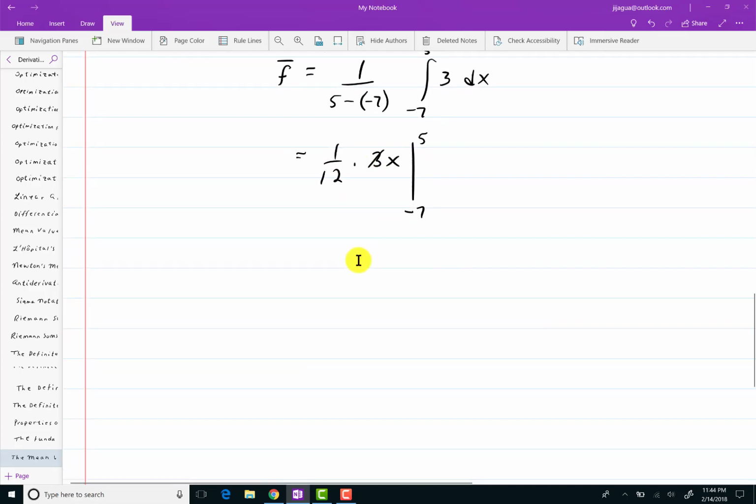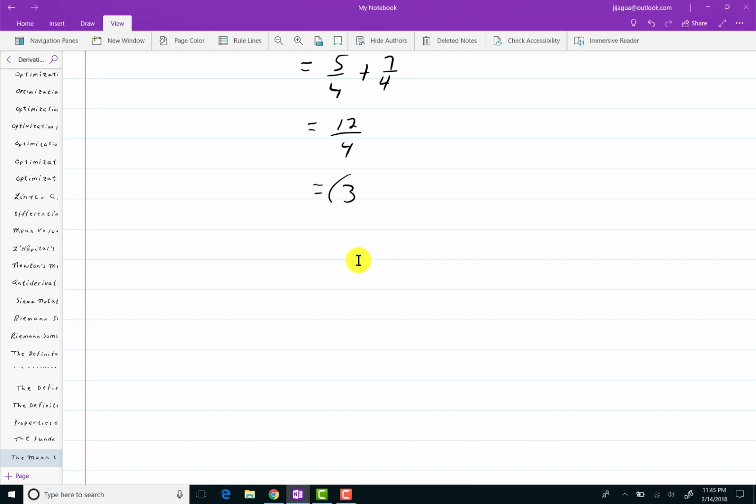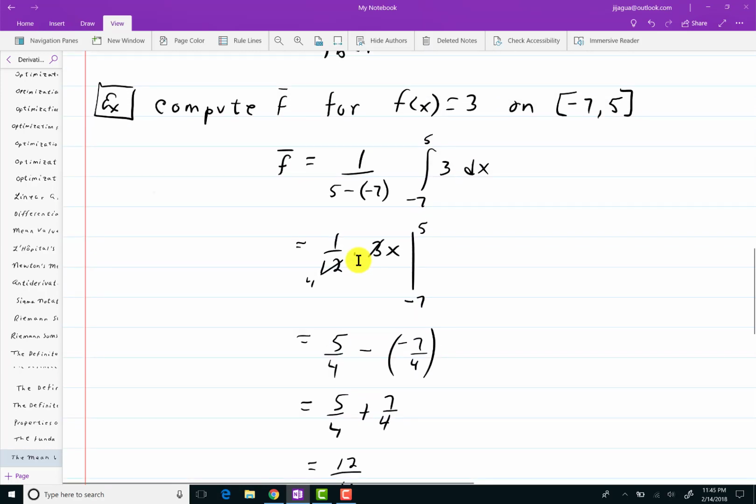For example, 3 over 12 is a 4, so I'll have x over 4. So I'll have 5 over 4 minus -7 over 4, which equals 5 over 4 plus 7 over 4. That equals 12 over 4, which does in fact equal 3. That should make sense. If the function has the same value throughout the whole interval, its average should be that.